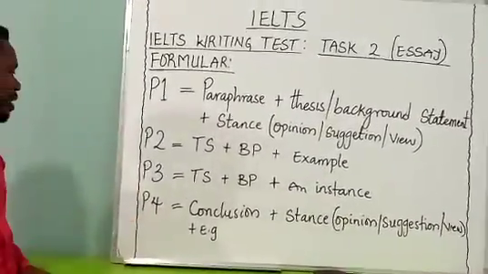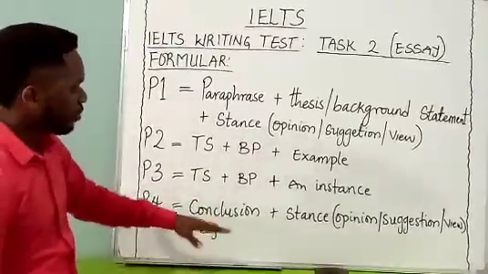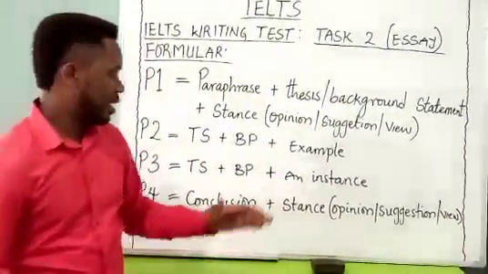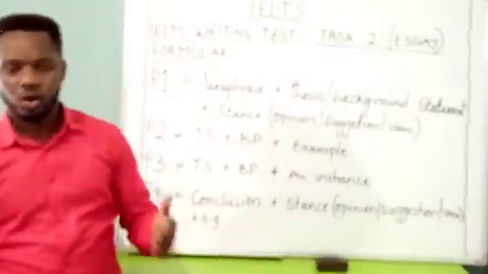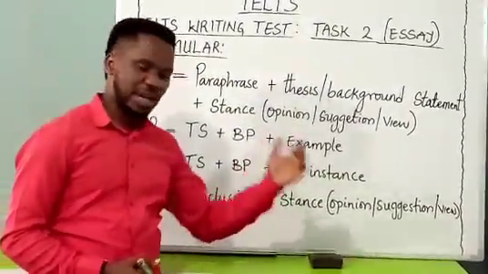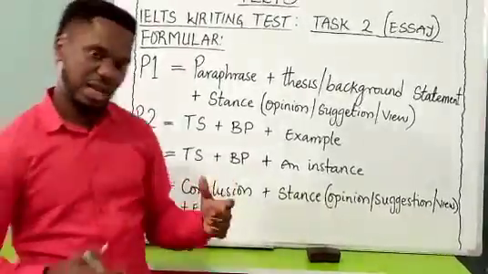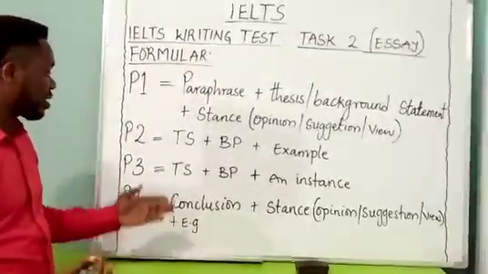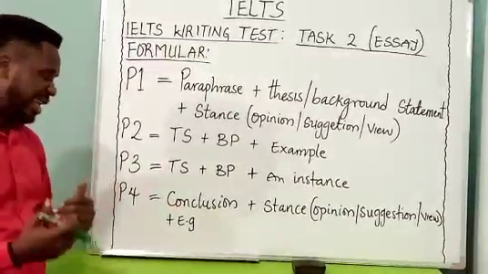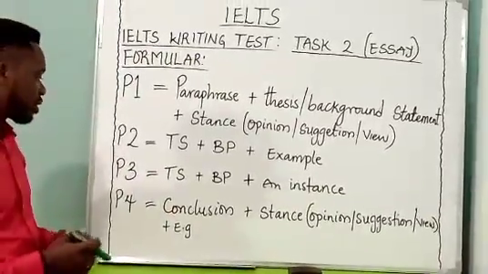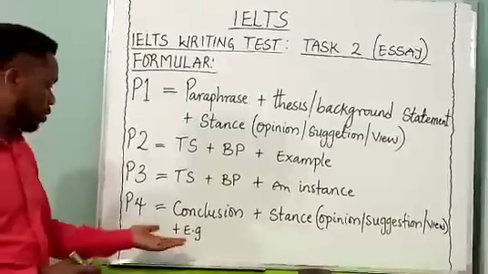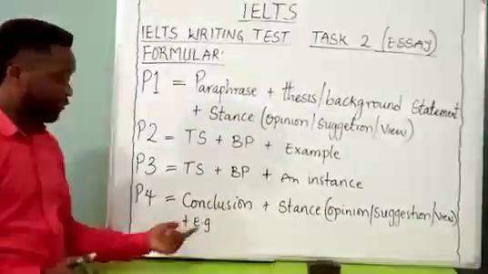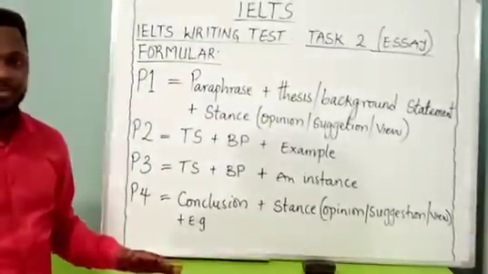And your last paragraph, which is your conclusion, should have a stance. That is, if you are agreeing or disagreeing, if you are giving out your opinion, your view or suggestion, you pen that down, strictly adhering to the instruction given. And then lastly, you bring in an example. This is not so compulsory, but if you do that, it's perfect.